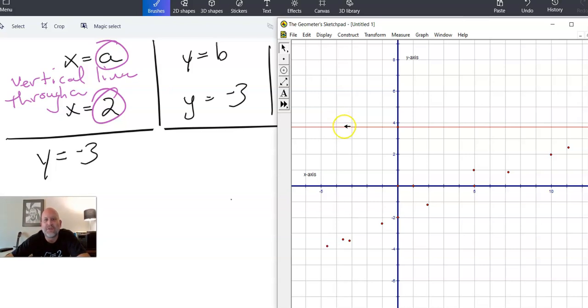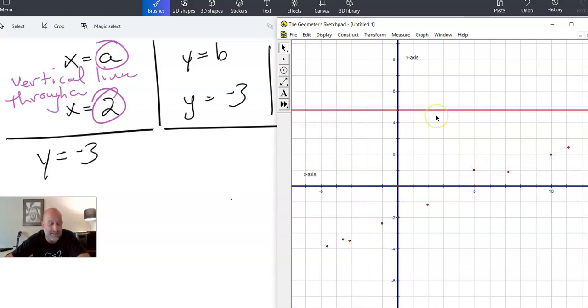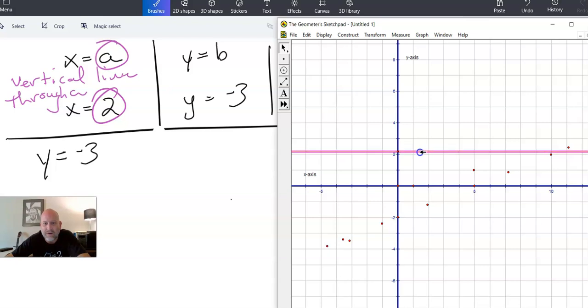All right, so this line here, the one that's moving up and down, represents every equation that has a y equals in it. If it's y equals a number, it's everywhere that y equals that number. So if I put it right on 2, this is the equation y equals 2. This is everywhere on the coordinate plane where y is equal to 2.